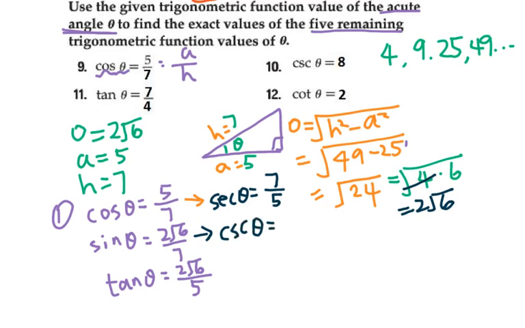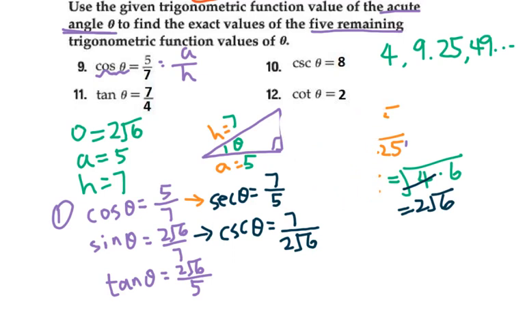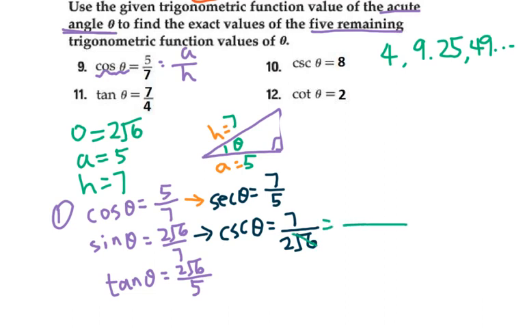equals 7 over 2 square root of 6. Then you simplify that, square root of 6 over 6. Then bring that 7 here, bring that 2 here. So do the multiplication, it's 7 square root of 6 over 12.